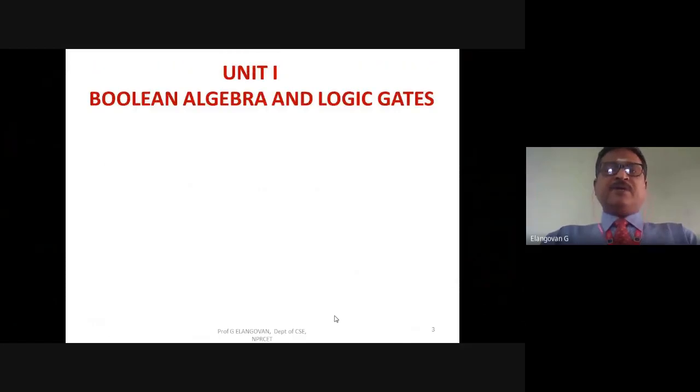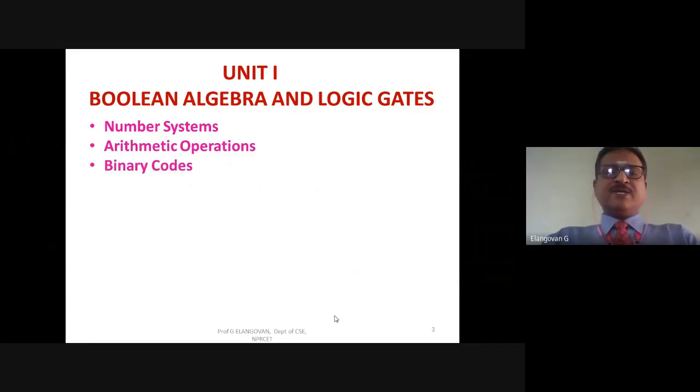What we are going to learn in the first unit is Boolean algebra and logic gates. In this, we are going to discuss the number systems, the arithmetic operations involved with different numbering systems, different kinds of binary codes, and how we use Boolean algebra.